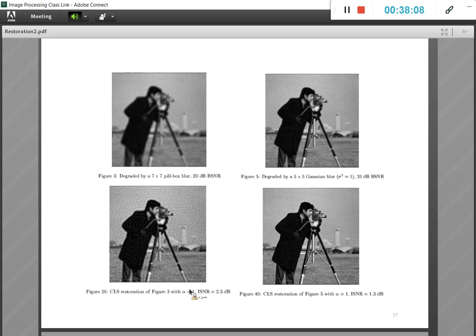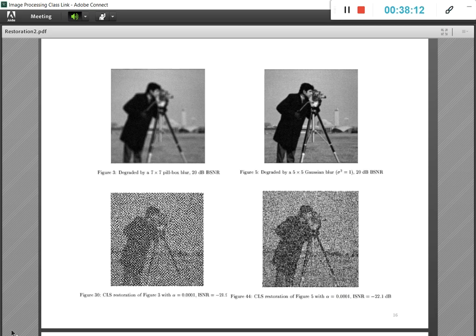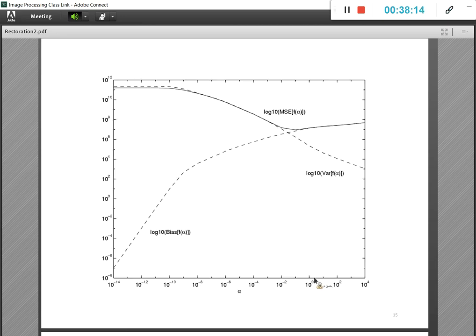But in the next slide, a better choice for alpha, for example, alpha is 10 to the power 0, this is alpha is 1. This is very much better than, for example, here.